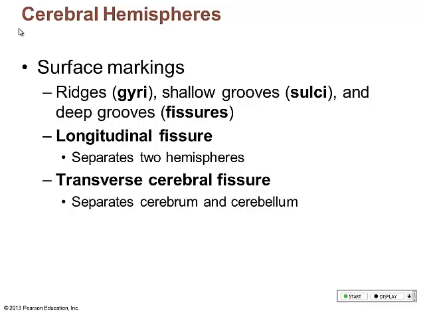So we have surface markings, and this is referring to the diagram on page 432, figure 12.4. So we see gyri. What's a gyri? A bump in the road. Shallow grooves. Sulci. What's a sulci? You're getting a little bit deeper.